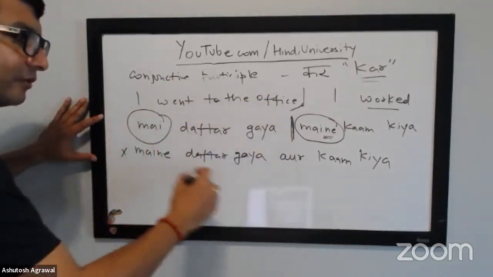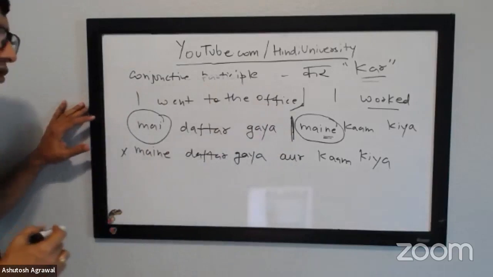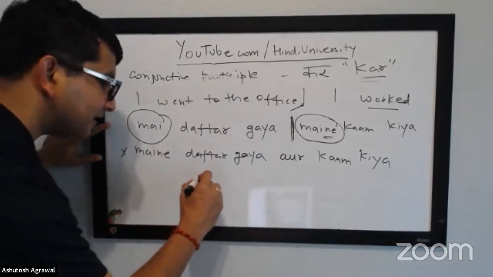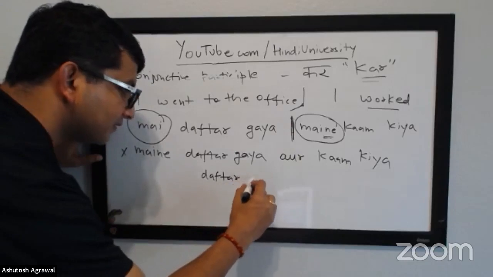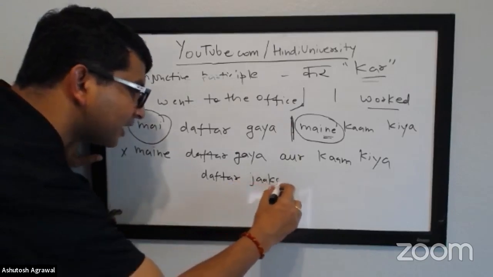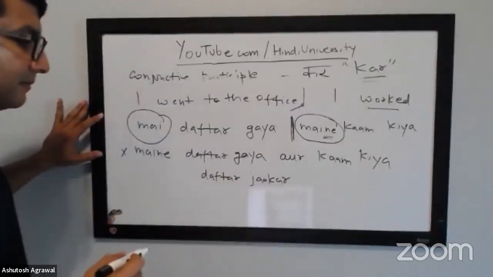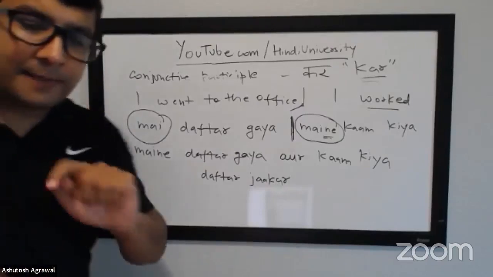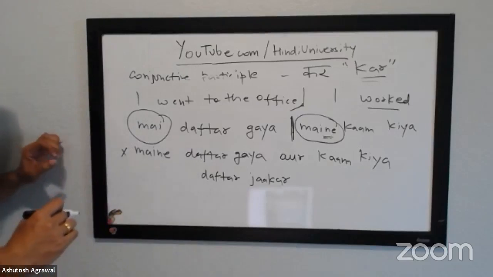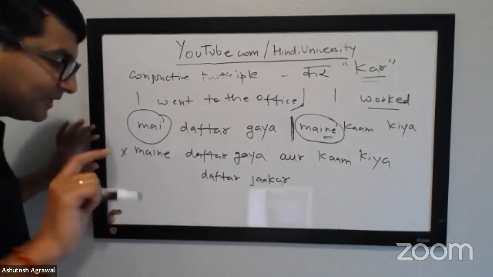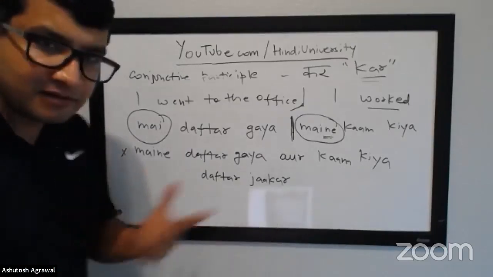This is the one where you will use the conjunctive participle. Basically, दफ्तर जाकर. Very good. दफ्तर जाकर आपने क्या किया? आपने दफ्तर जाकर क्या किया?